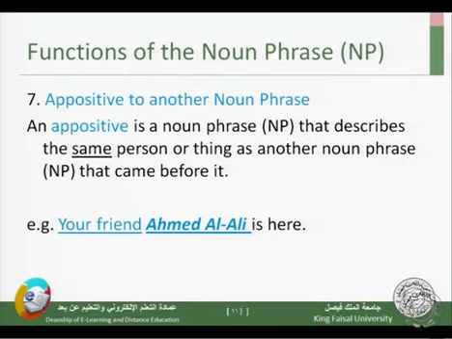And please notice that there is a difference between opposition with an O and apposition with an A. Apposition is the grammatical function that we mentioned here. Opposition is different. Opposition means opposite, something that is opposite to another thing. So please note that the grammatical function starts with an A, apposition.